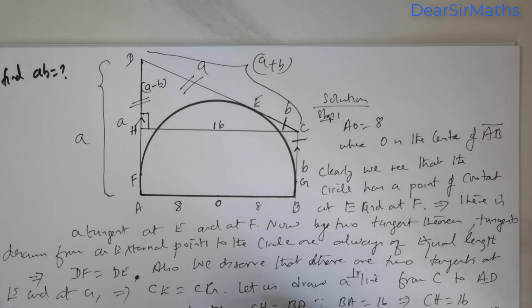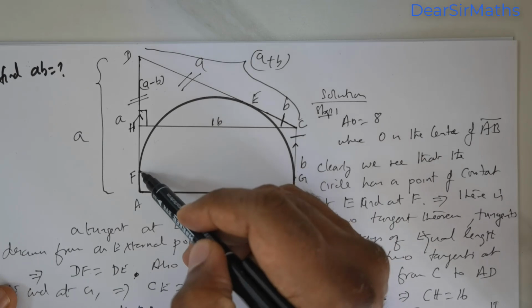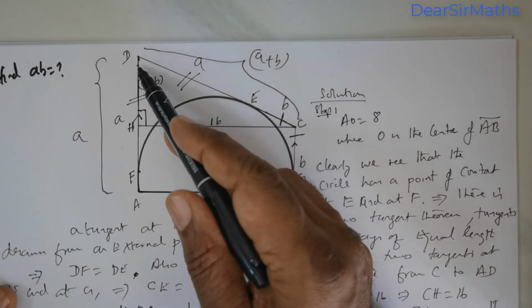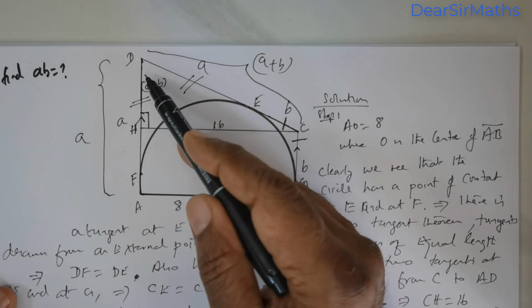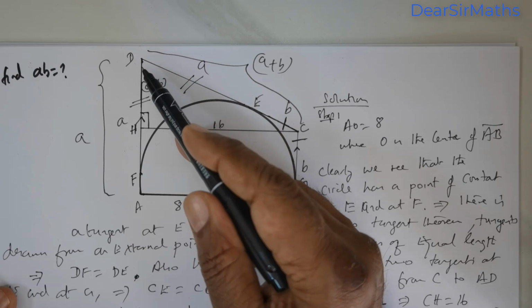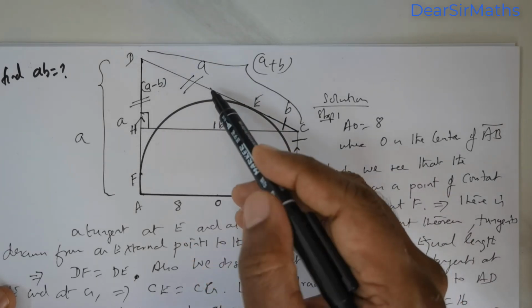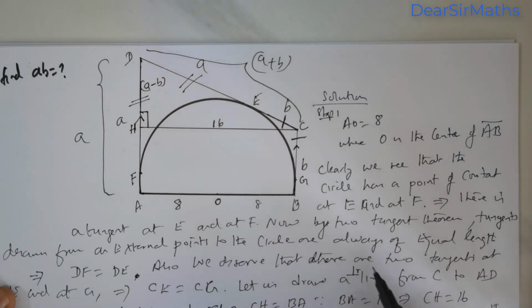This is a circle and a line is hitting the circle, and there's a tangent at E, tangent at F and tangent at E. So a tangent is created from an external point. By the two tangents theorem, tangents drawn from an external point are equal. That is the only fact that I have applied here to come to the conclusion that this is going to be A units.